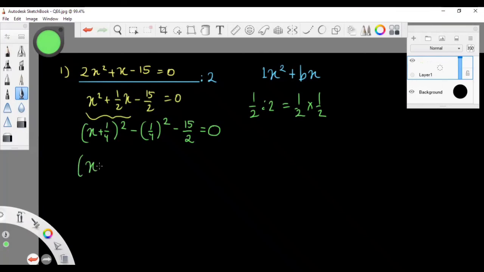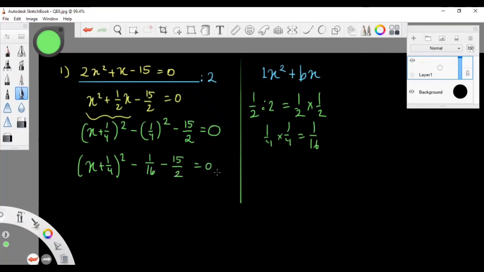What next? This will be the fractional operation. So 1/4 squared, 1/4 times 1/4, equals 1/16. And then minus 15/2.